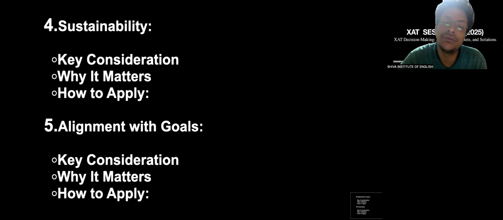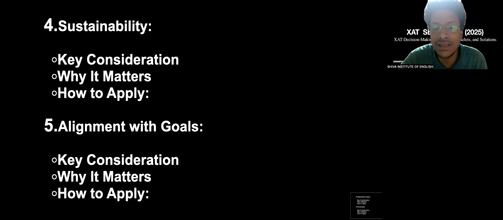Then the next one is alignment with goals. Here also we talk about the key consideration: does it align with the organization's or individual's core objectives? If that's so, then why it matters? A solution that deviates from long-term goals can derail progress and create conflicts.